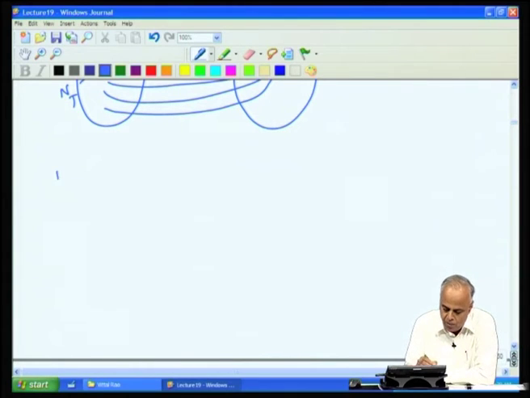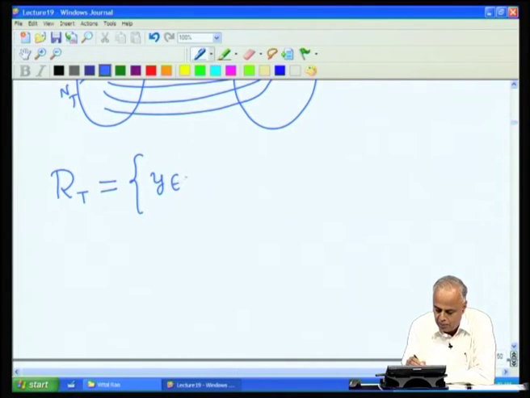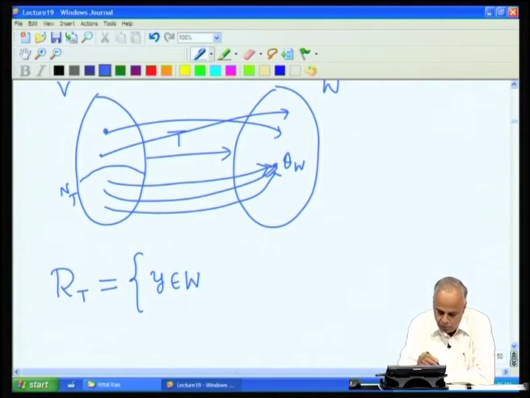So, we now look at the set R T, which is the collection of all these focal points. These are points in W; we are trying to see where they come and fall.